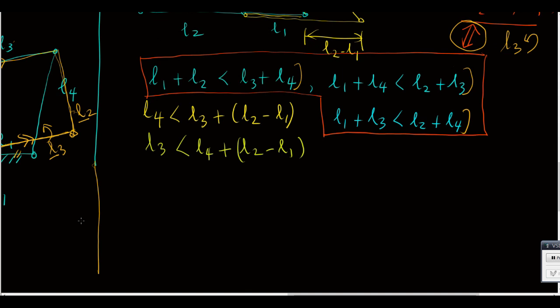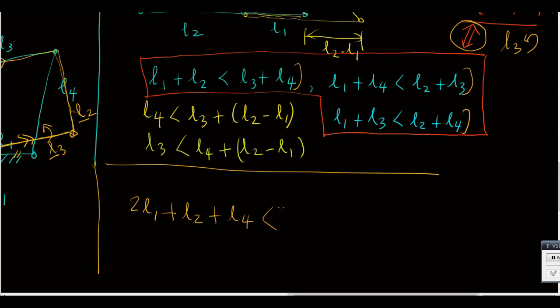Okay, now here is something we can do. Let's take this inequality and this inequality and add them up. So we will get 2L1 plus L2 plus L4 is less than 2L3 plus L2 plus L4. Where did I get it? This one plus this one is 2L1. This one plus this one is L2 plus L4.